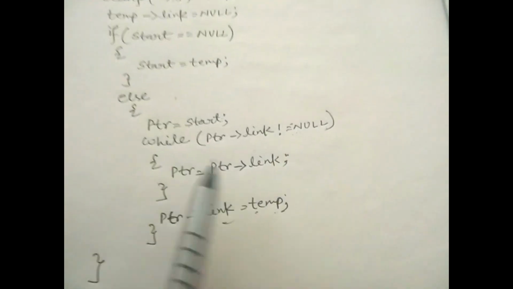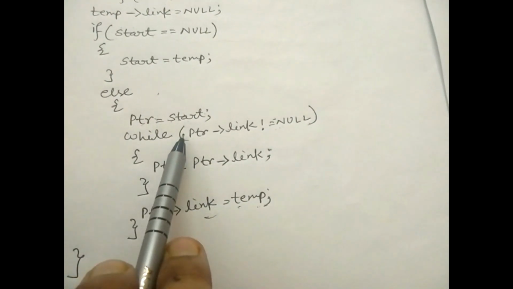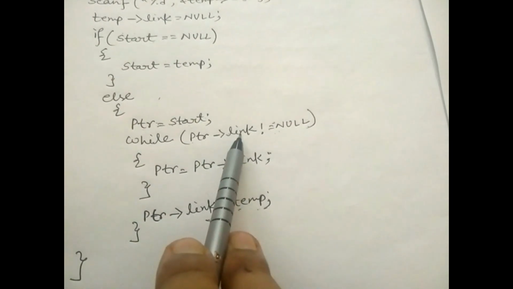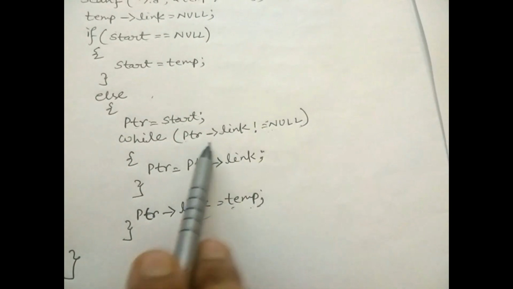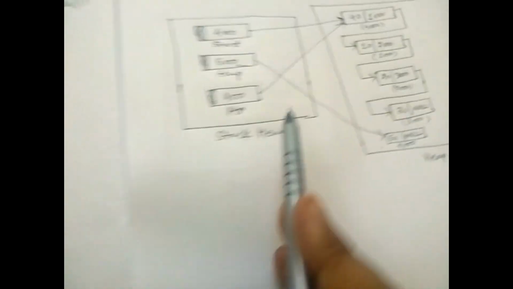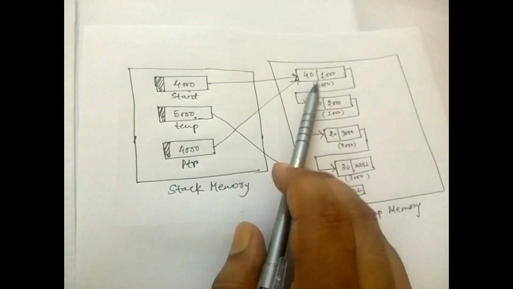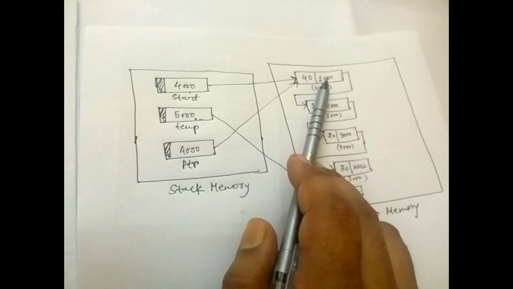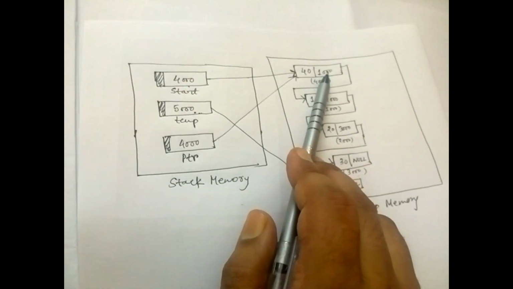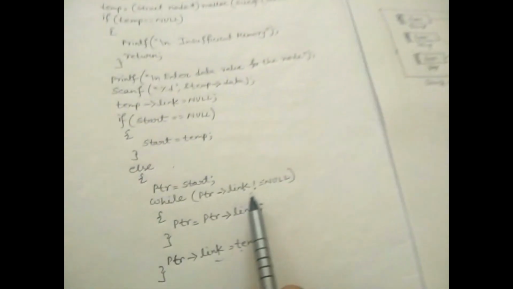Now check in the while statement, ptr->link != NULL. ptr is 4000, that means ptr points here and ptr->link is 1000. So the condition is satisfied.